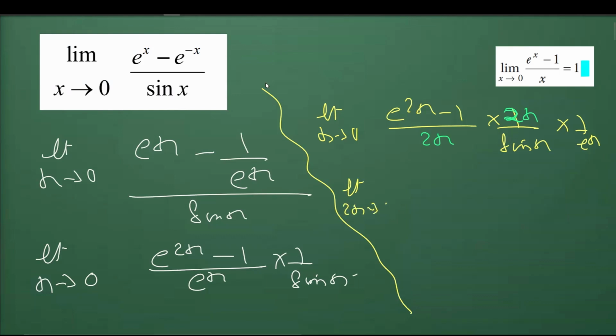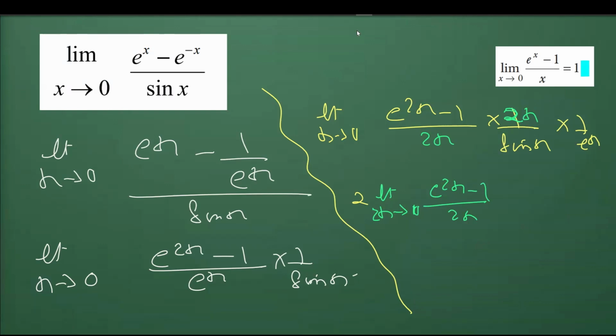But before that, I'm going to write this 2 outside. So this is limit x tends to 0, which implies 2x also tends to 0. And this is e raised to the power 2x minus 1 over 2x. That's this part. We are left with x over here.